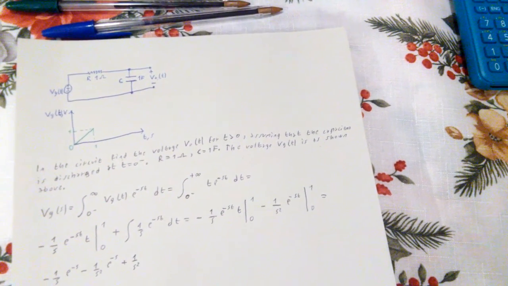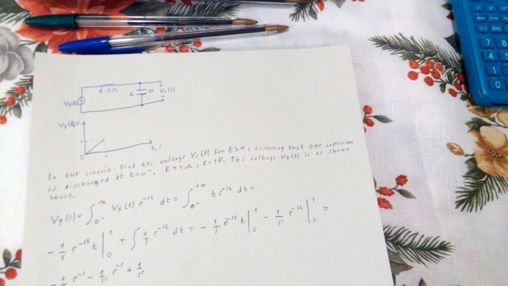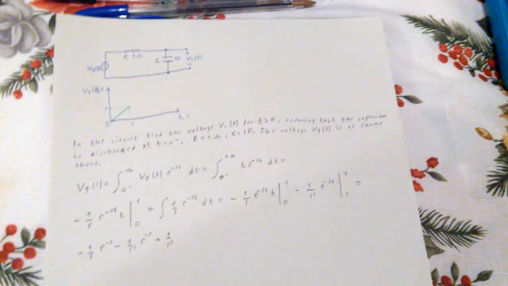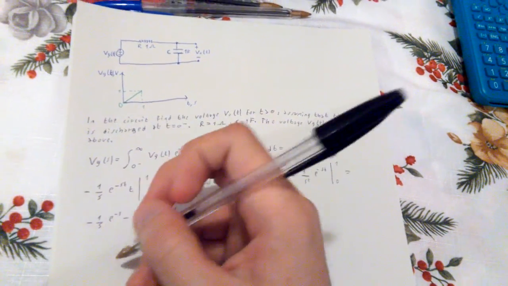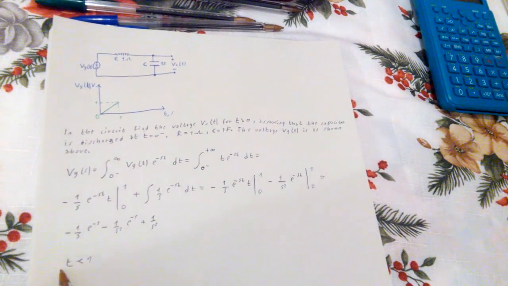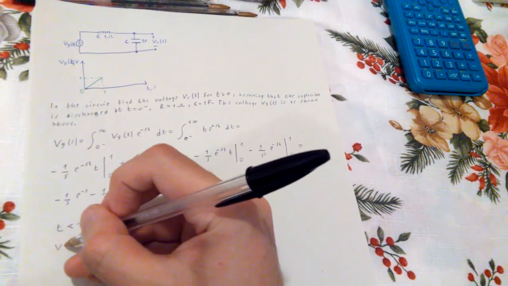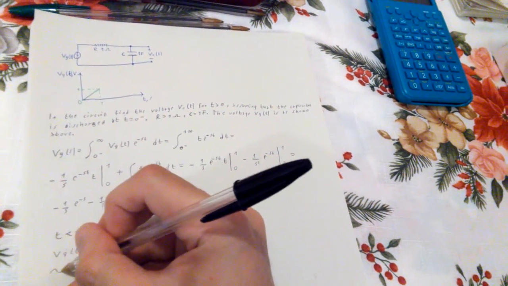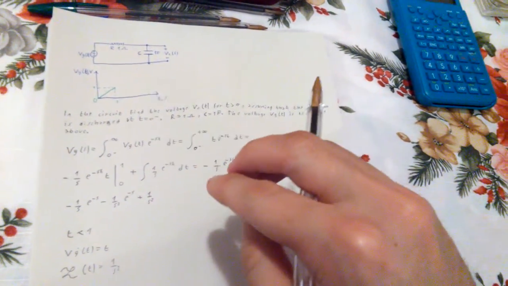So we're just getting started, because now that we have found this, let's take the time t less than 1. If we take the time t less than 1, then we will basically have Vg of t equal to t, and the Laplace transform of t will be just 1 over s squared.